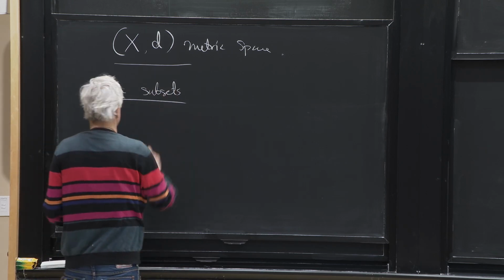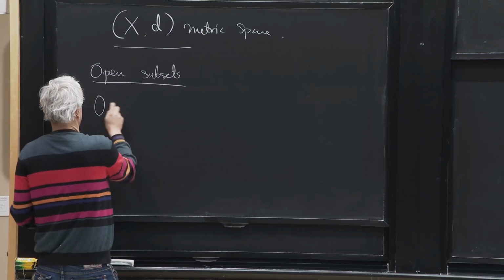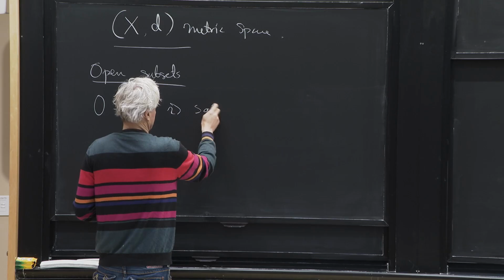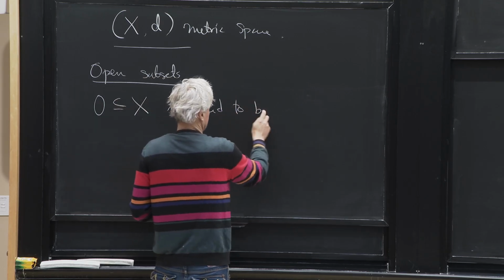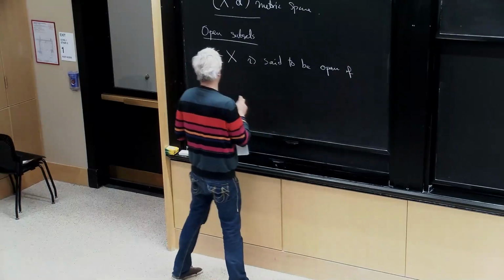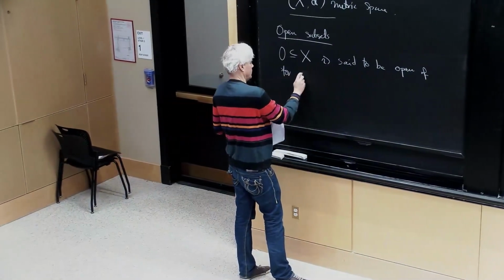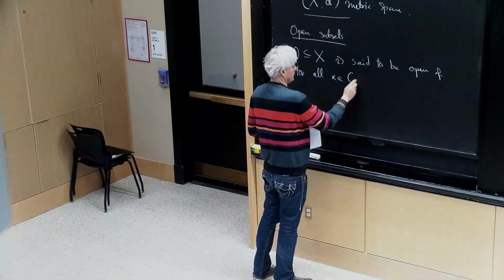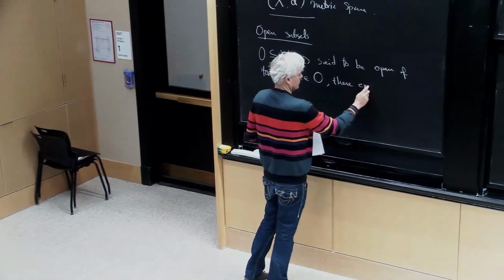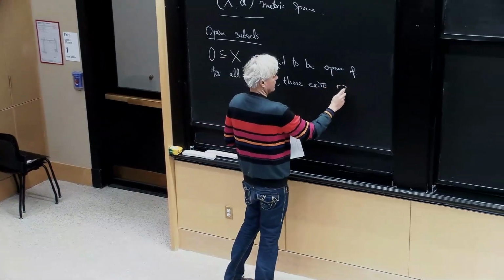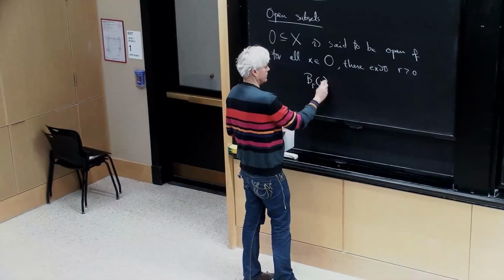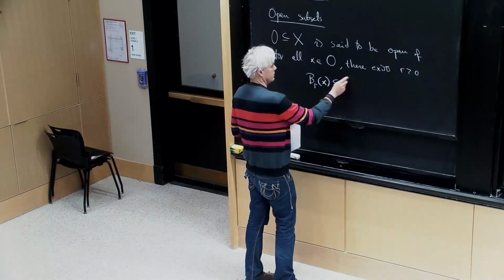An open subset O, a subset of X, is said to be open if for all x in O, there exists r greater than 0 so that the entire ball around x is contained in O.